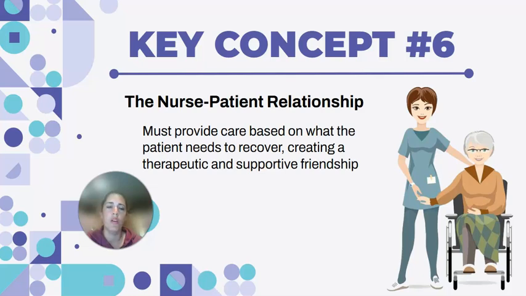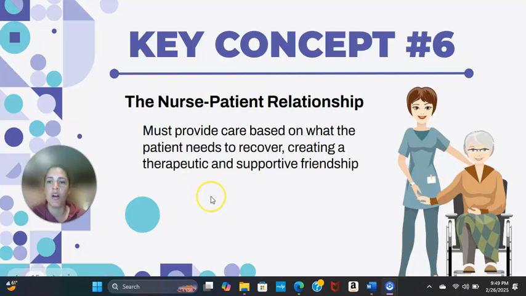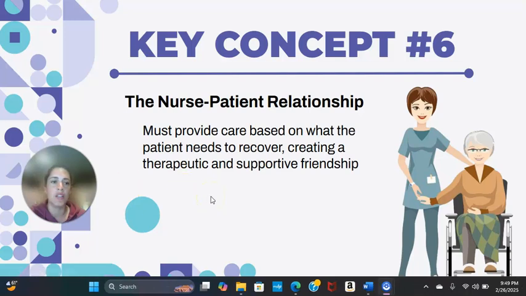The nurse-patient relationship should be therapeutic and really supportive, and it should be a friendship, and we should really be attuned to what their needs are and what they consider their quality of life, because it's going to be different for every patient. So you really have to get to know them.